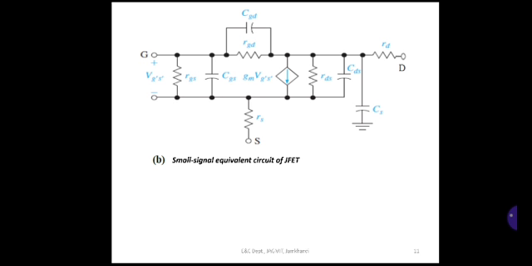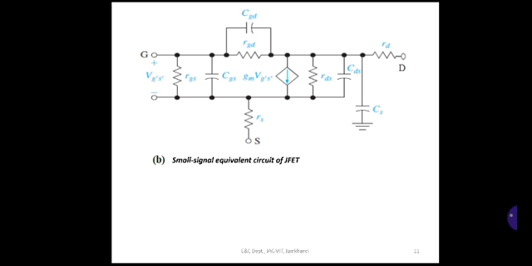There are various terms like CGD, VGS, Vg dash S dash, RGS, CGS, gm Vg dash S dash, RDS, CDS, RD, CS, RS. All these parameters are used here, so we'll see what they are.